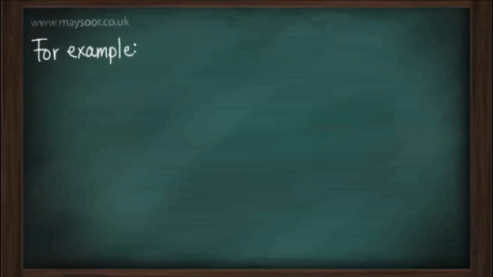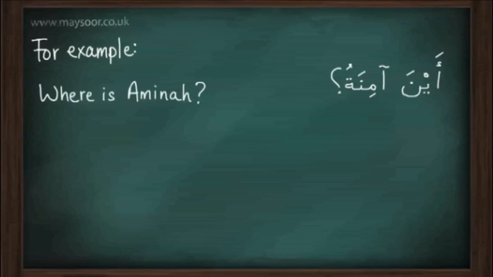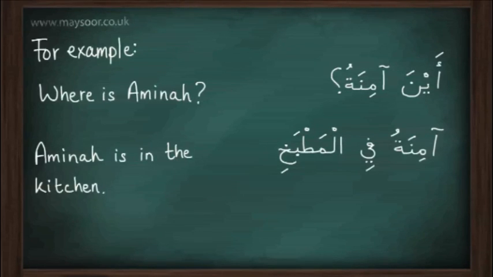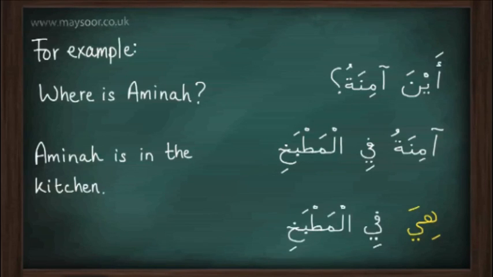Similarly, we can say Ayna Amina, which means where is Amina? Aminatu fil matbakhi. Amina is in the kitchen. Or we can say Hiya fil matbakhi. She is in the kitchen.